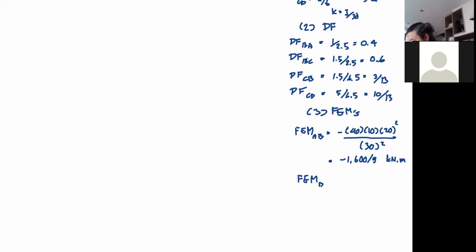FEMBA is going to be 40 times 20 times 10 squared divided by 30 squared. That is 800 over 9 kilonewton meter.